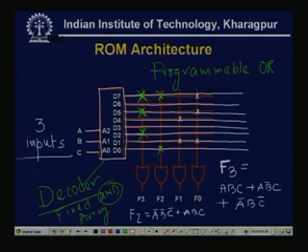My F1 is 0 0 1, which means A bar, B bar, C, plus 1 0 0, which means A, B bar, C bar. My F0 is this cross term plus this min term plus this min term. In this way we can draw this thing.